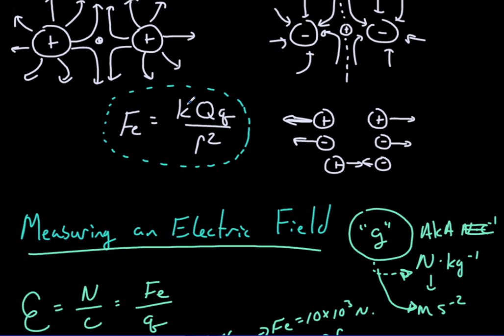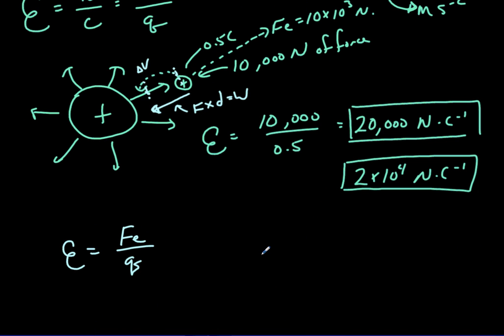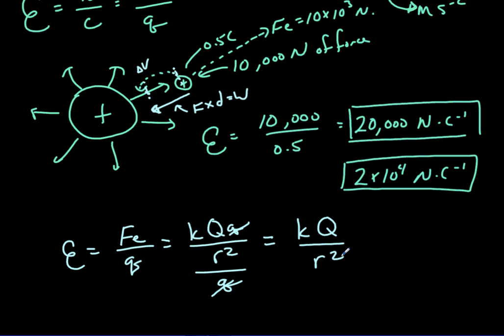So we can substitute KQQ over R squared into here. So we can do this: K Q Q over R squared, over Q, which translates to these two things crossing off of each other, and you get K Q over R squared.